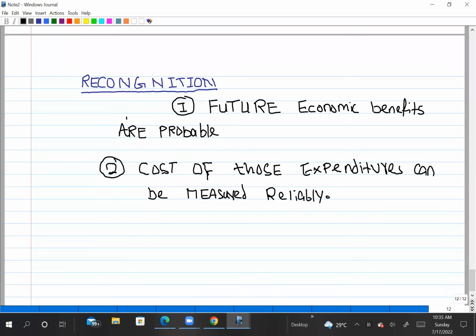If we can measure the cost of those expenditures reliably, then such expenditures can be capitalized as property, plant, and equipment.